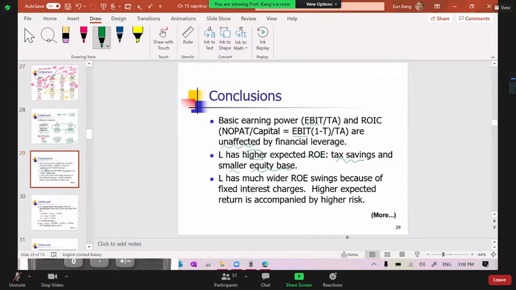We covered that last class. The equity portion decreased more than the decrease in net income. And L has much wider ROE swings, higher risk because of the fixed interest charge, which is a dead weight cost. So high expected return is accompanied by higher risk. We just showed that using numbers.